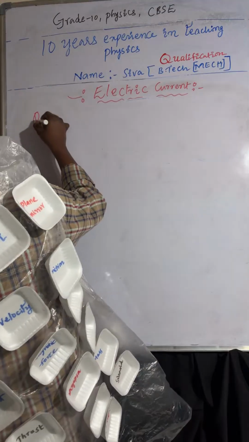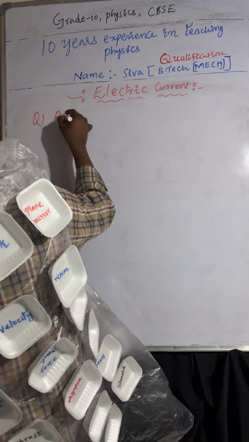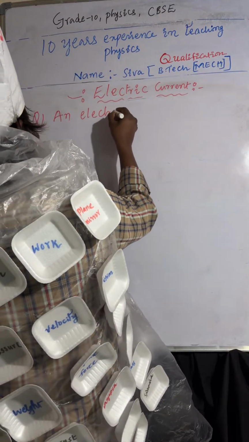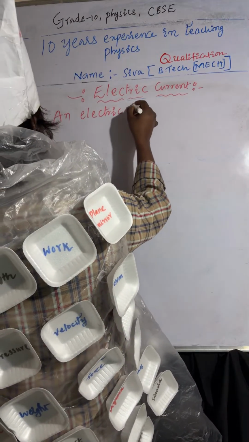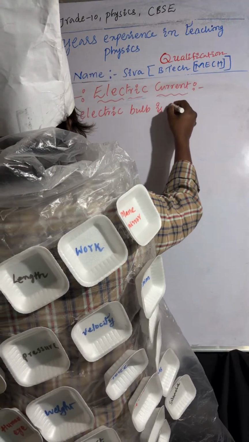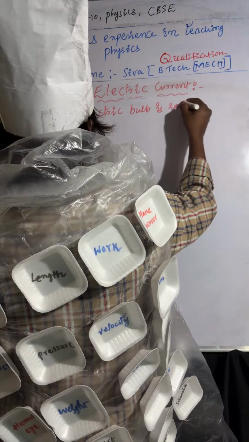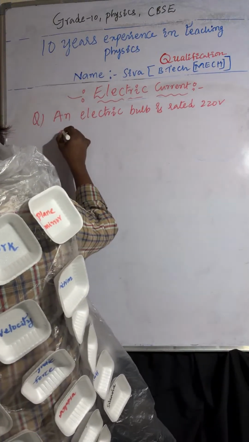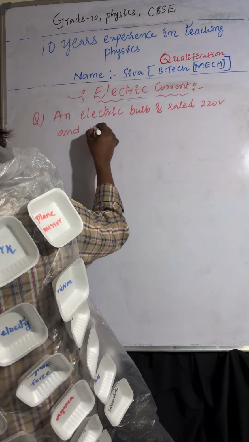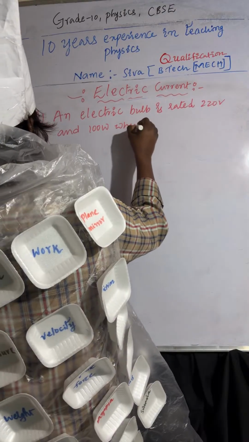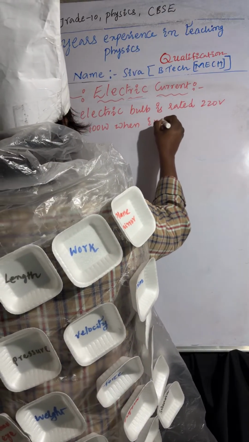Question number. An electric bulb is rated 220 volts and 100 watt.